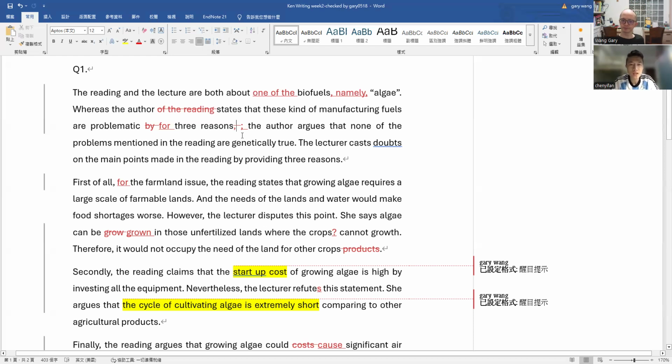In Chinese, the later part is connected to the earlier sentence. So what is the difference between comma and semicolon? In English, if you use a comma, it means the sentence continues.